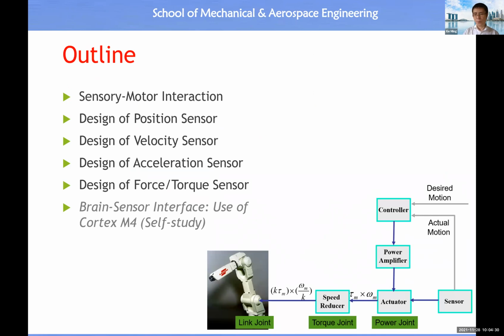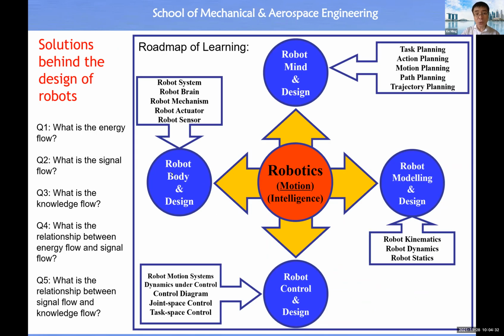Okay, so inside module 2, you see the presence of lecture 5, which is about the background knowledge behind the design of a sensor. From the study of lecture 4, the last video that you have seen, you see the feedback control loop, and inside the feedback control loop, you see the presence of a sensory feedback.